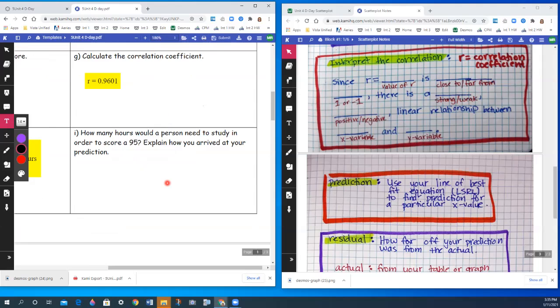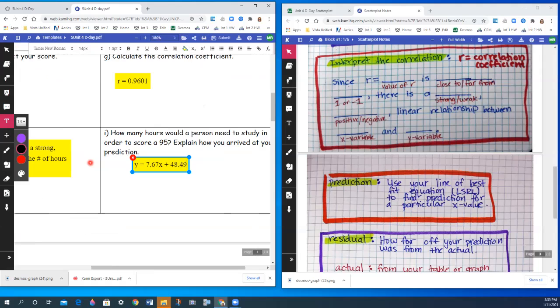And this time, this 95 is not our X. X is how many hours. This 95 is our score, so that's going to be our Y.